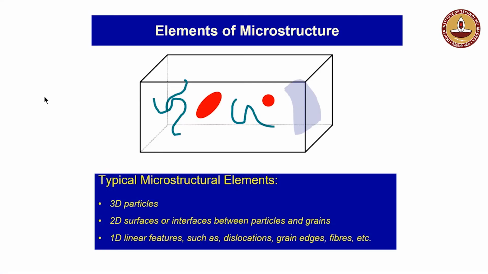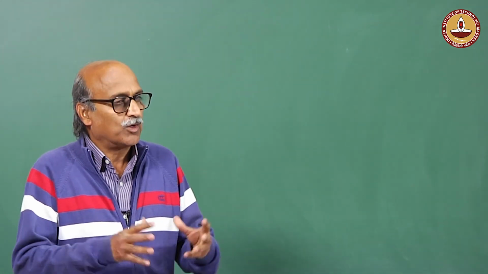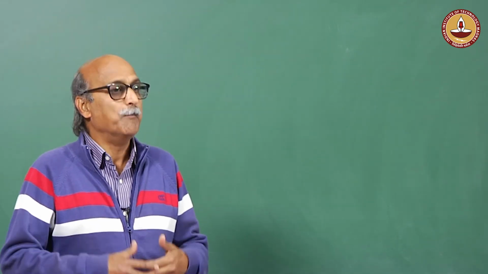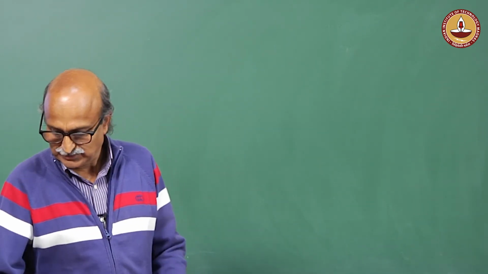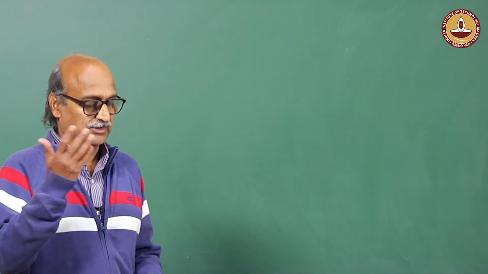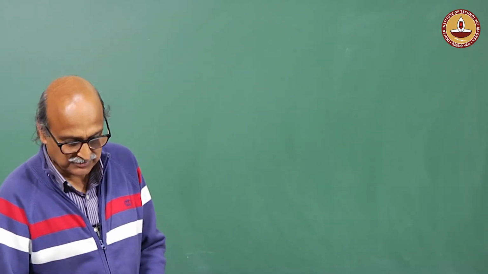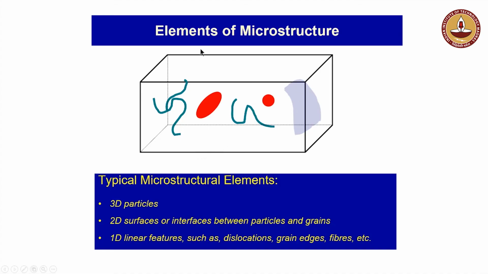Before we proceed into the geometrical characterization, let us look at what are the geometrical elements which make up a microstructure. I can isolate those elements. For example, if you look at a block of material, what are the constituents? Constituents could be linear elements like dislocations, like triple edges.